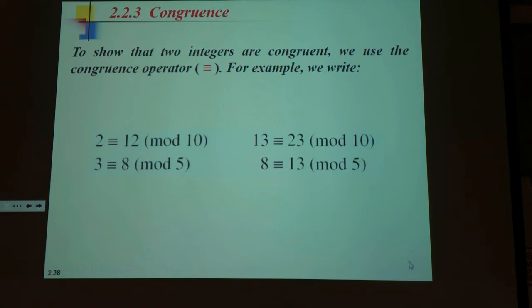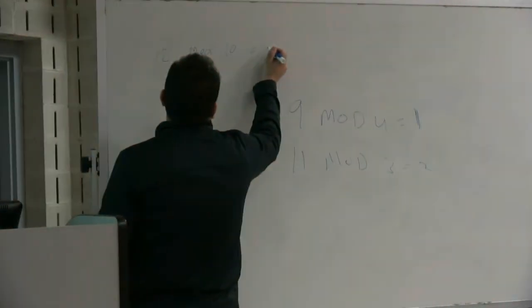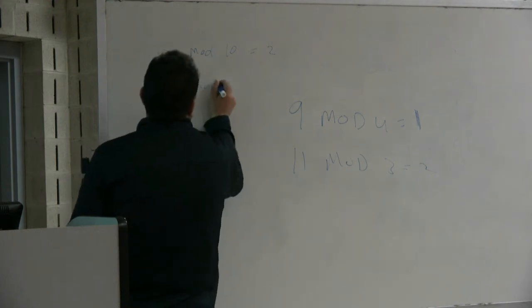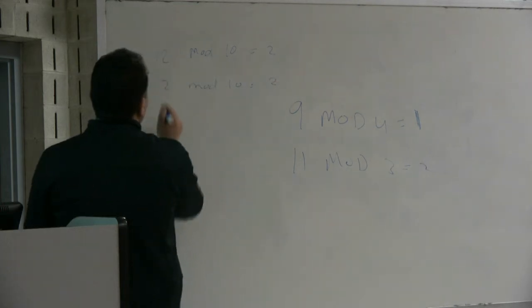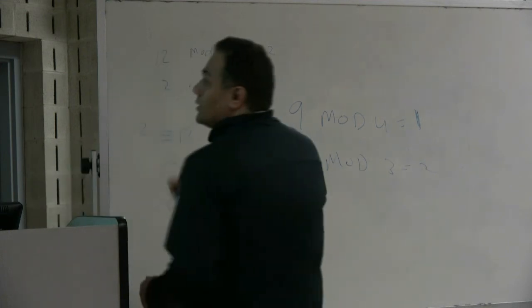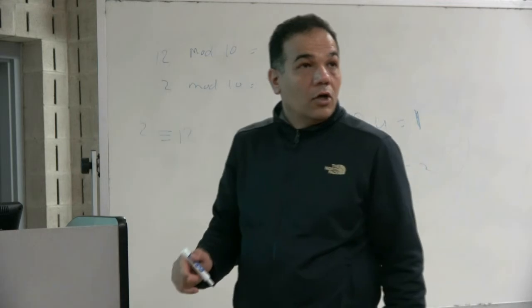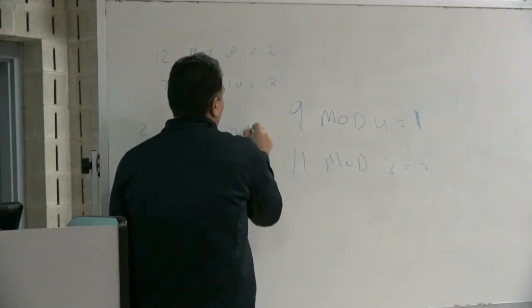So if you say 12 mod 10 equals 2, and 2 mod 10 equals 2, what we learn from that is that 2 and 12 are congruent when it comes to mod 10.